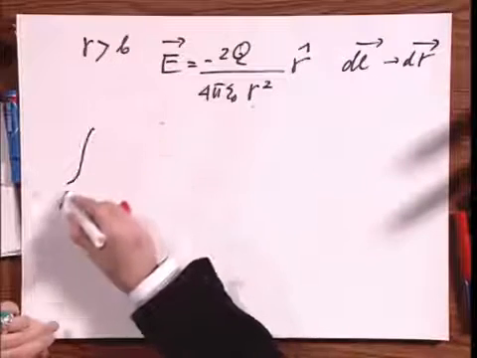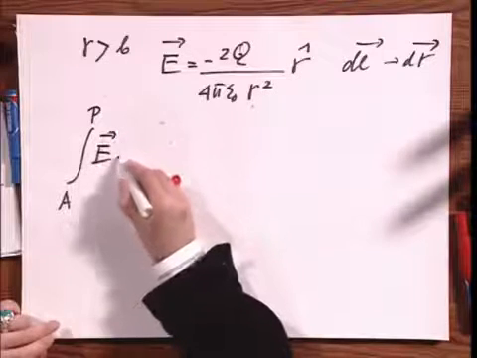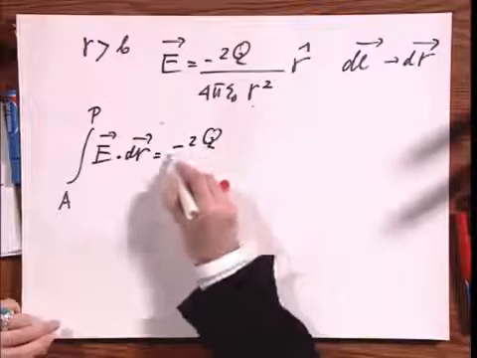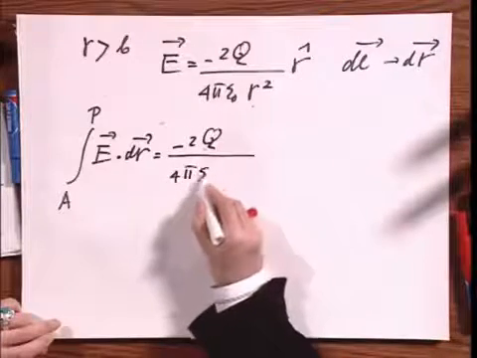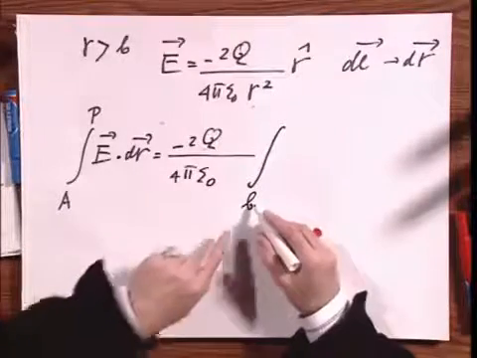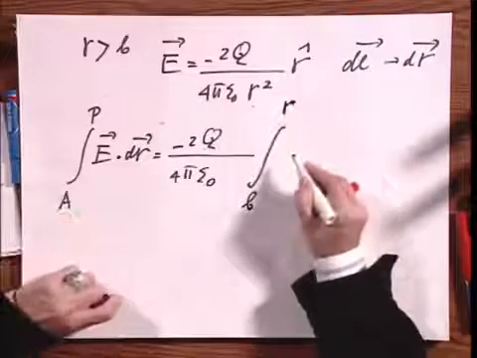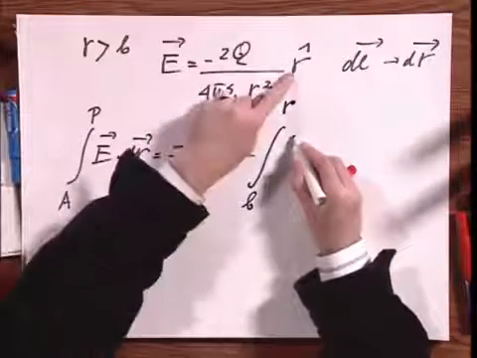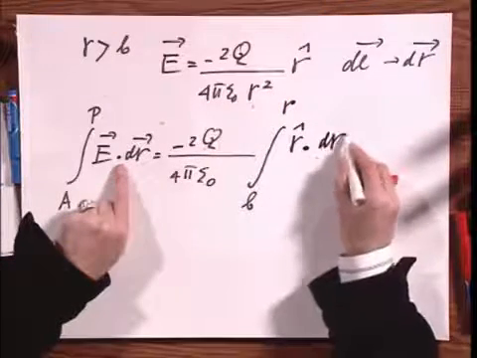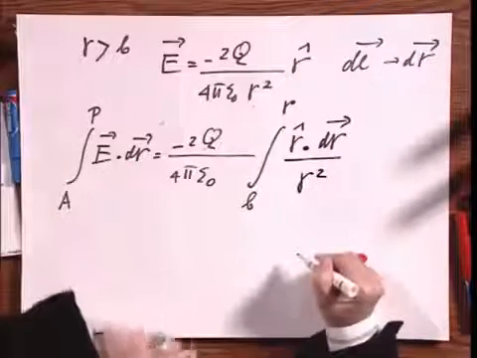So the integral from point A to point P of the E vector dot dr can now be written as minus 2q divided by 4 pi epsilon 0 times the integral in going from location r equals b, that was that point A, to r equals r, that was that point P. And now notice carefully, r roof dot, I shouldn't forget the dot, dr, which is also a vector, divided by r squared.